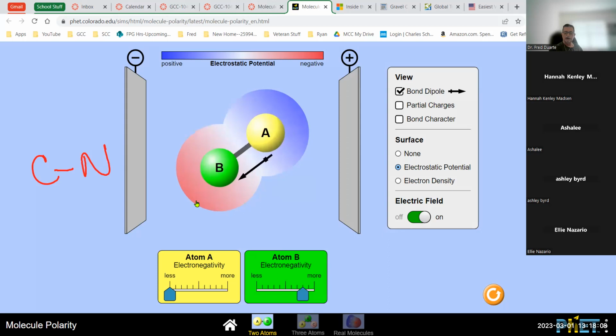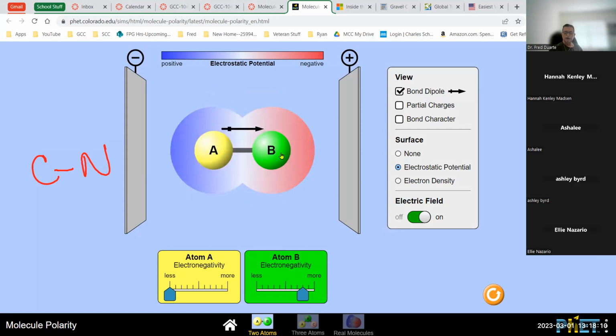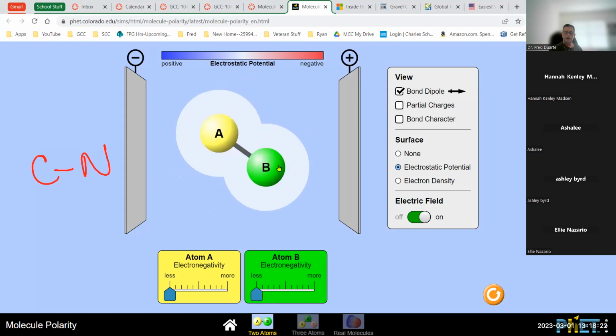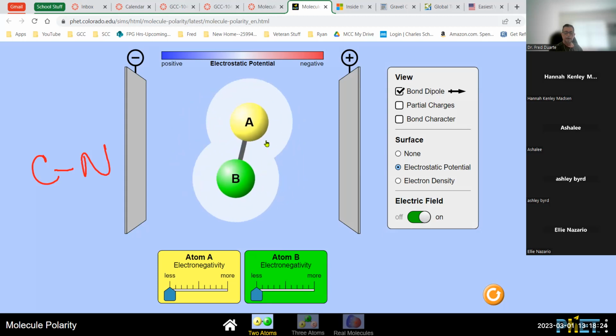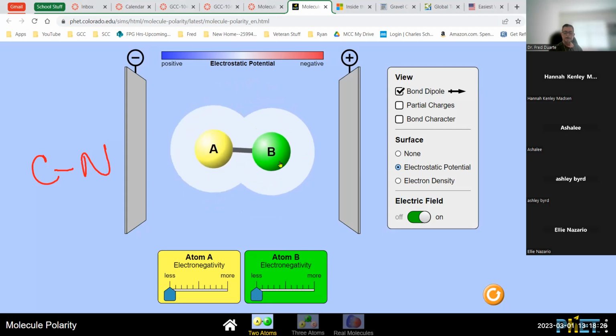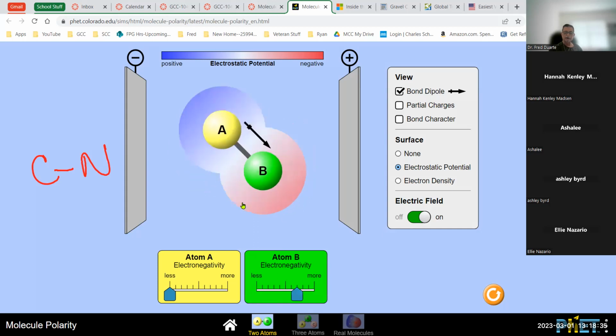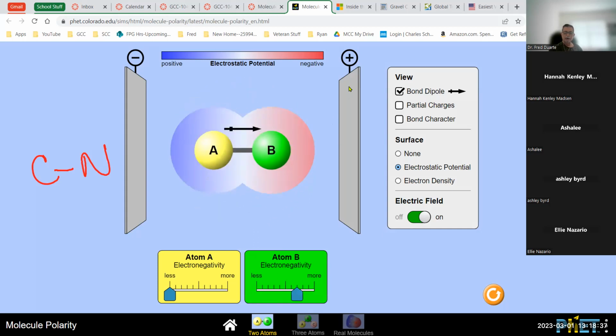And if I were to twist the atom, guess what? It rotates so that B is attracted to the positive plate. If the electronegativity of both of them is the same, there's no dipole. The plate has no effect because there's an equal sharing and there's no partial positive or partial negative side. Only when one atom has a higher electronegativity can we line it up, if you will, okay?